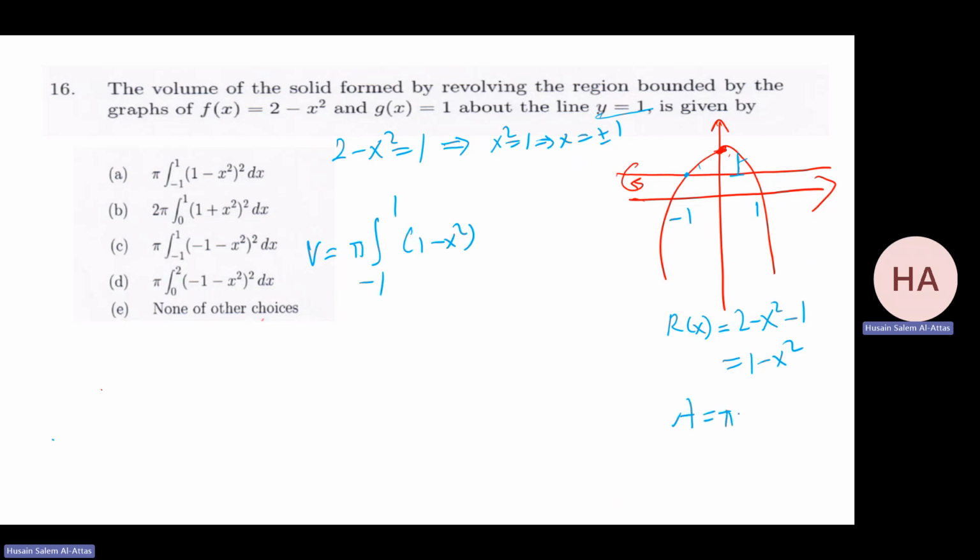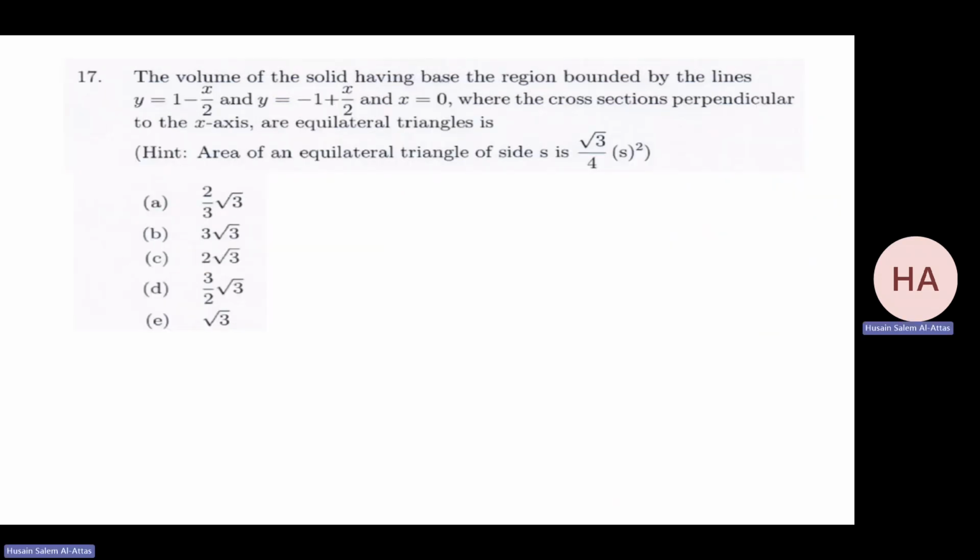The area will be pi times the square of this one. Okay. The volume is still having the base on this, bounded by this, I have equilateral triangle. He gave me the area, which I know.